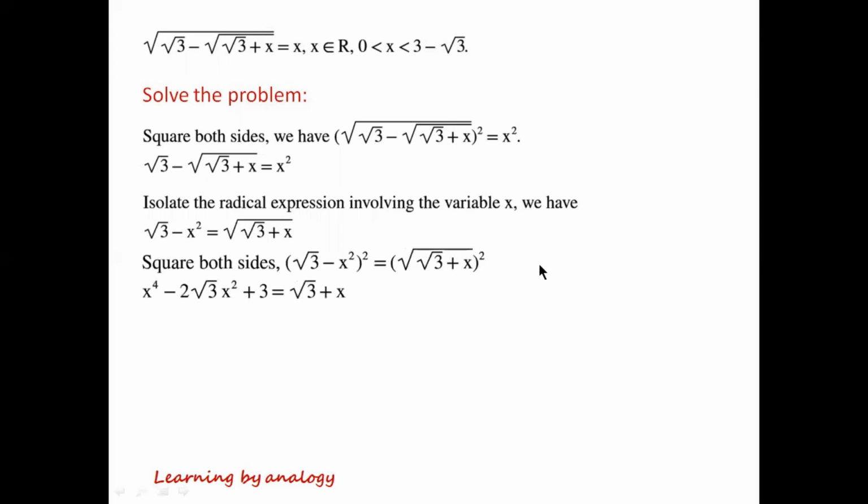Square both sides: (√3 − x²)² equals (√(√3 + x))². Simplifying, we have x⁴ − 2√3 x² + 3 equals √3 + x.